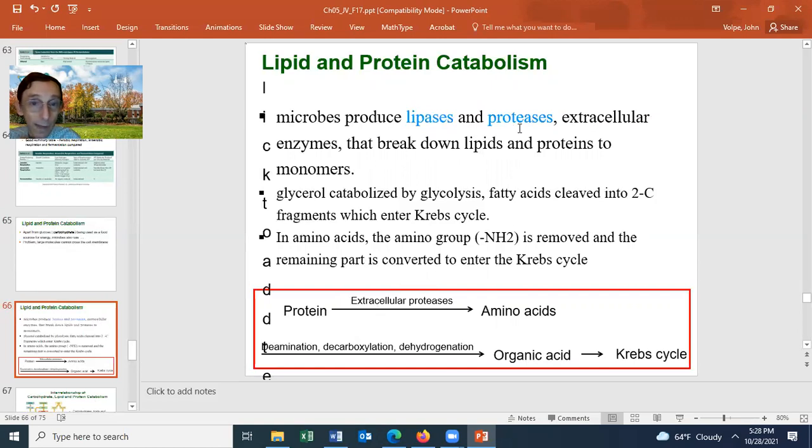Microbes do it the same way. They produce lipases and proteases and secrete them out of the cell, break them down into smaller molecules. Like for a protein, you break them down into amino acids, and then bring in the amino acids across the cell membrane. You do need a transport protein.